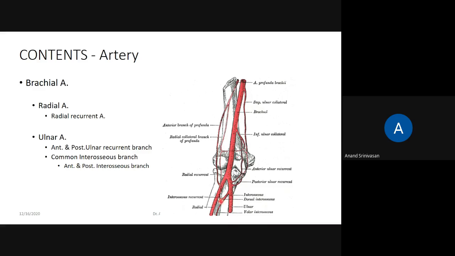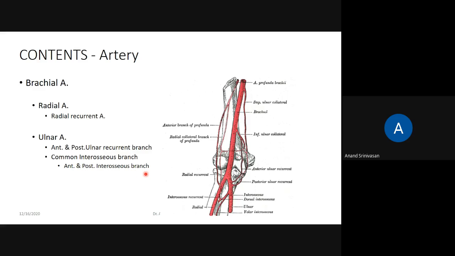This common interosseous artery comes out from the ulnar artery, and it again divides into an anterior interosseous artery and a posterior interosseous artery.